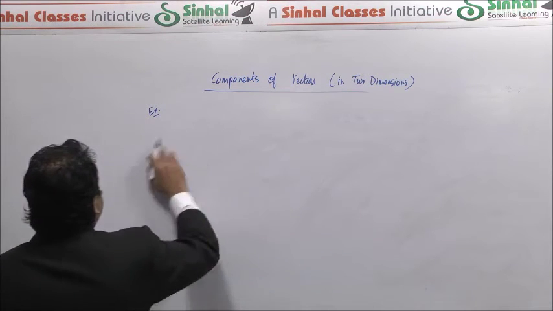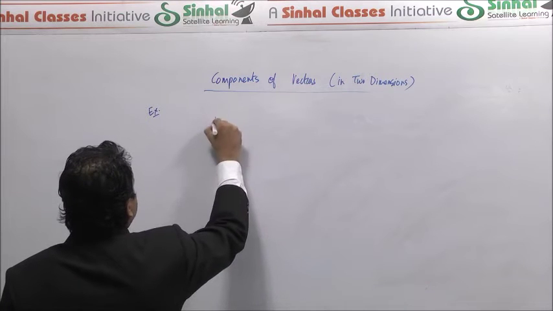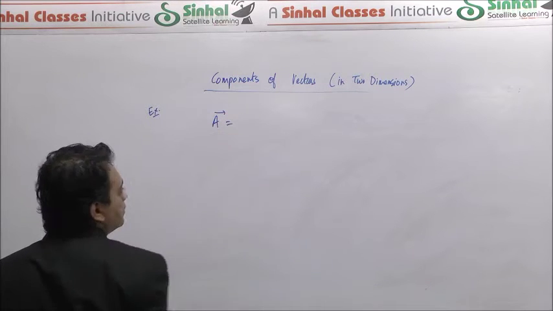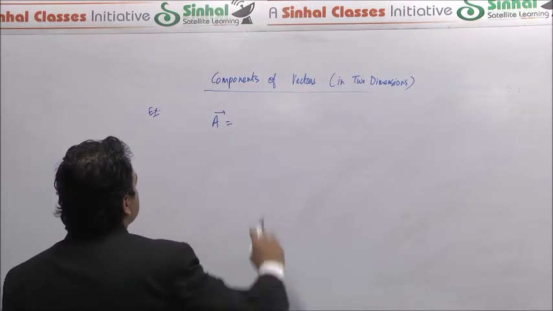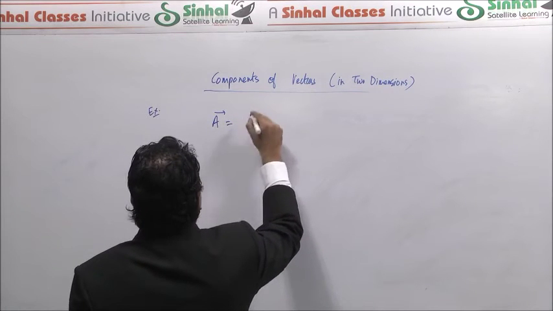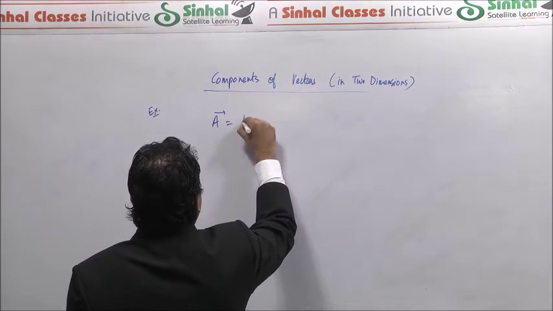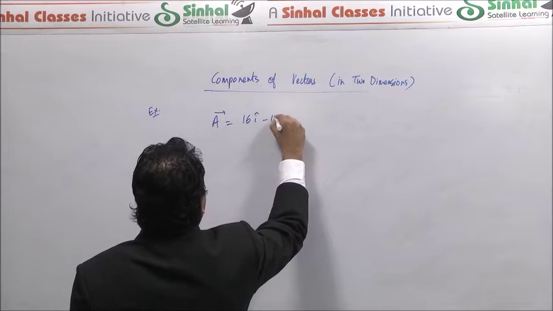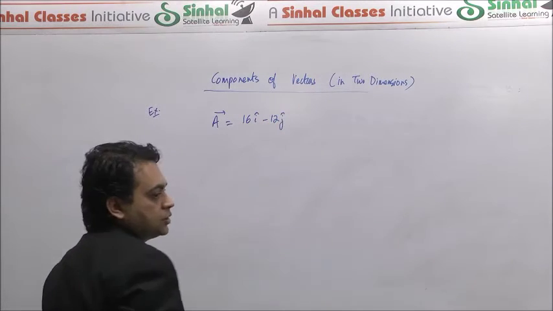Let's look at an example where vector A is again given to us.